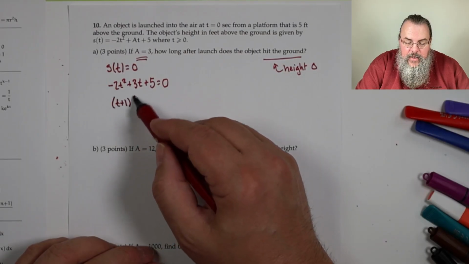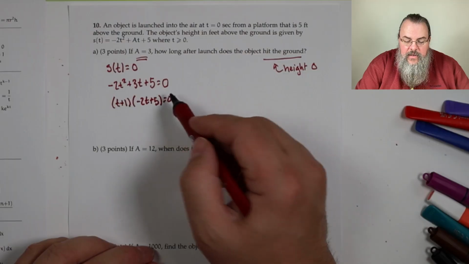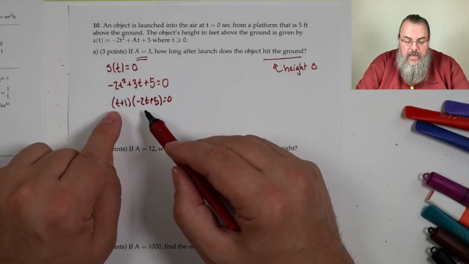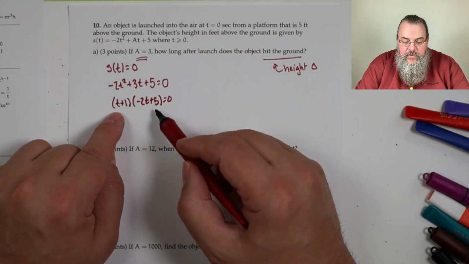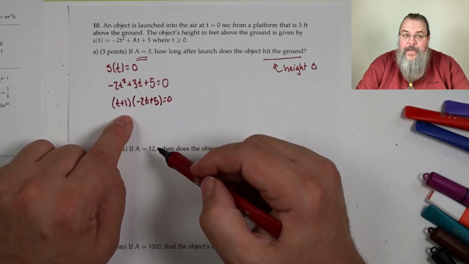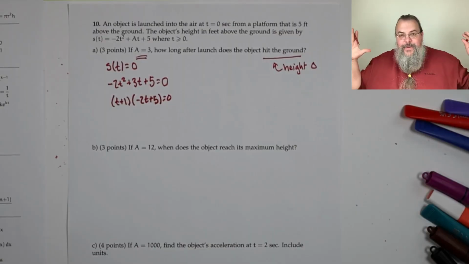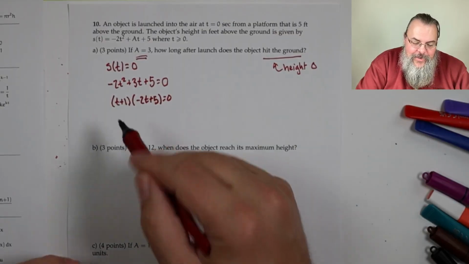Factors as t plus 1 and minus 2t plus 5. Now, where does that come from? Minus 2t squared plus 5t minus 2t is 3t, and plus 5. Now, you're probably thinking, I'm not sure where that came from. Well, we'll talk about an alternative.